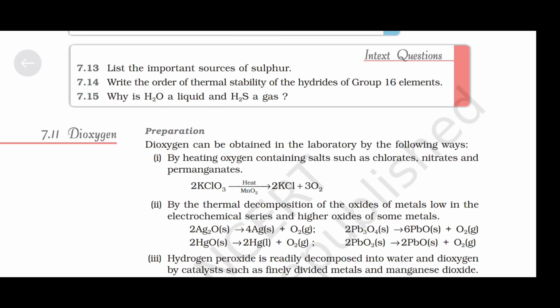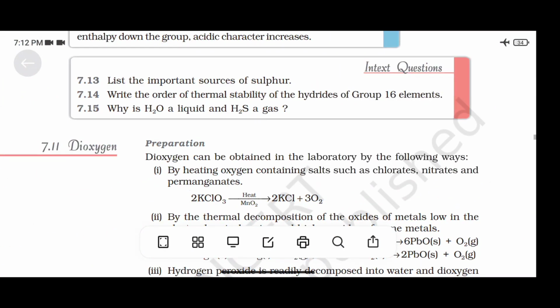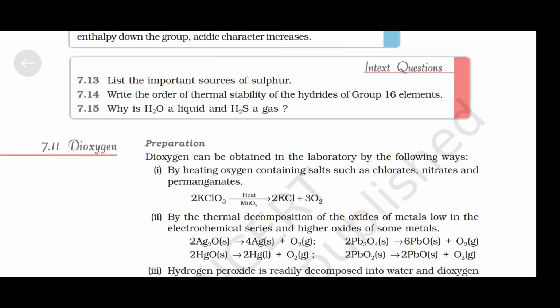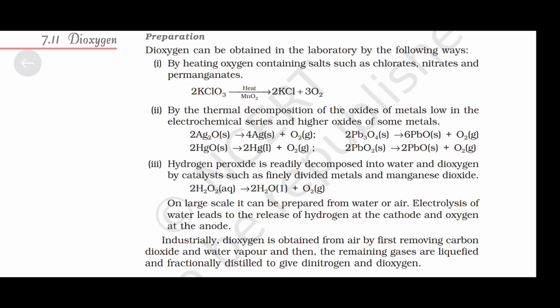Second, by thermal decomposition of the oxides of metals low in the electrochemical series and higher oxides of some metals. So if we take silver, mercury and lead, any of their oxides, then for sure we will get dioxygen.